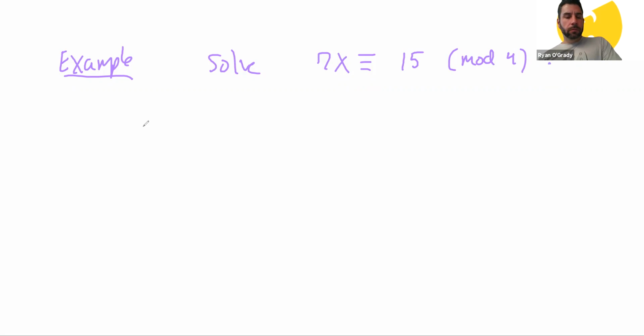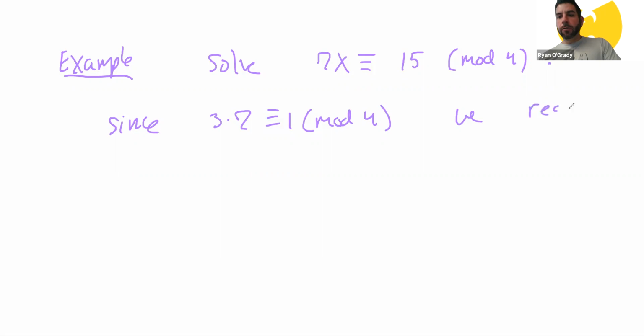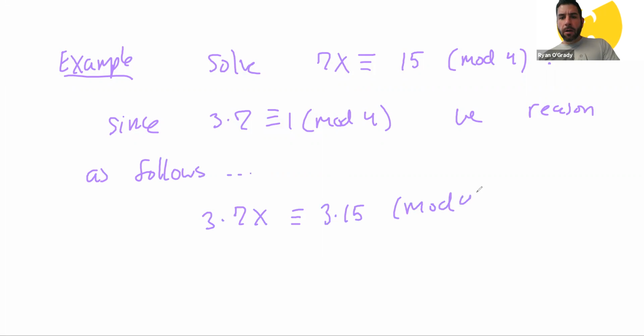Since 3 times 7 is congruent to 1 mod 4, we reason as follows. We take 3 times 7x, and then 3 times 15 on the right, and then we reduce modulo 4.